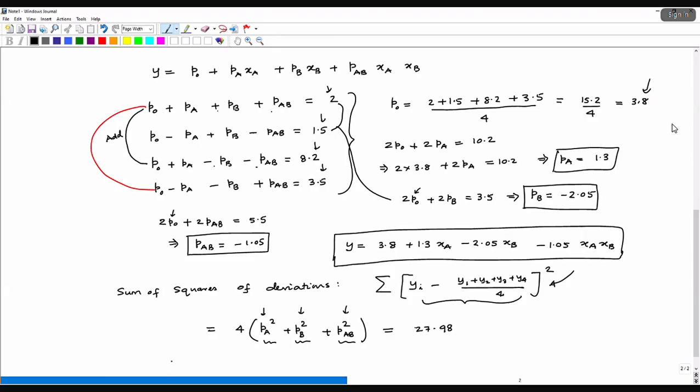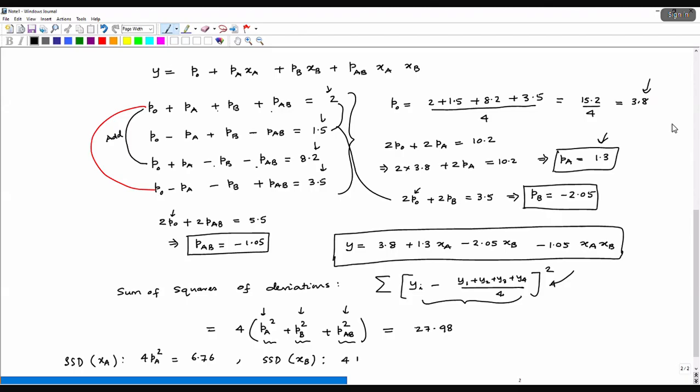Okay, so we need to find out the sum of squares of deviation coming from XA. That is basically 4 into PA square, and PA already you know, so this will be 6.76.